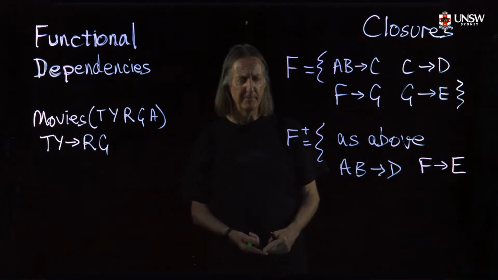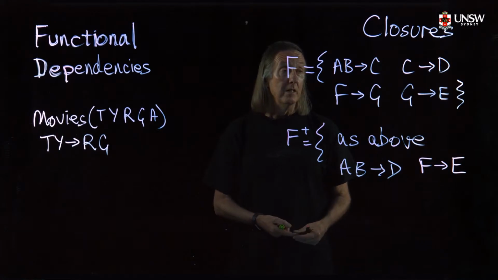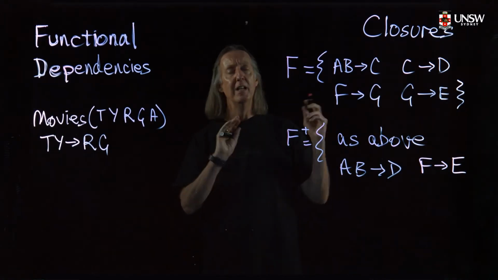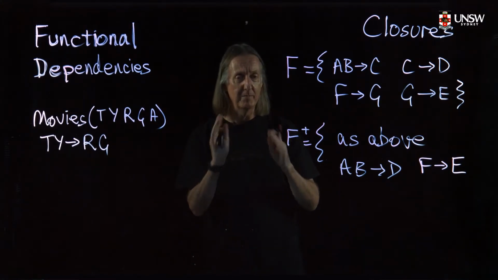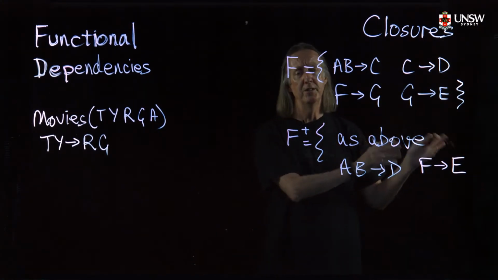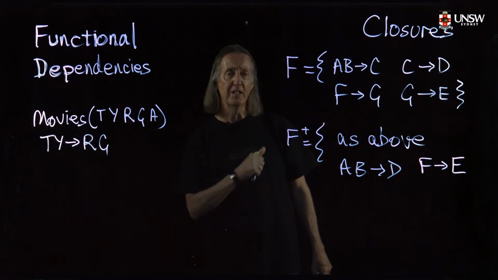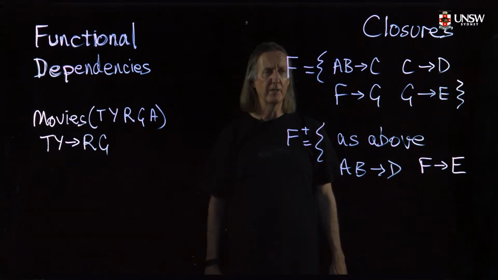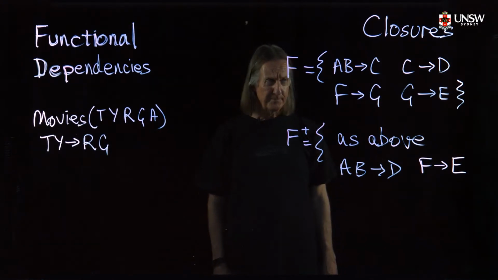So we talked about being able to break a functional dependency up. So A determines B, C, D can become A determines B, A determines C, A determines D. That's one kind of rewrite rule. This is another important kind of rewrite rule on functional dependencies.